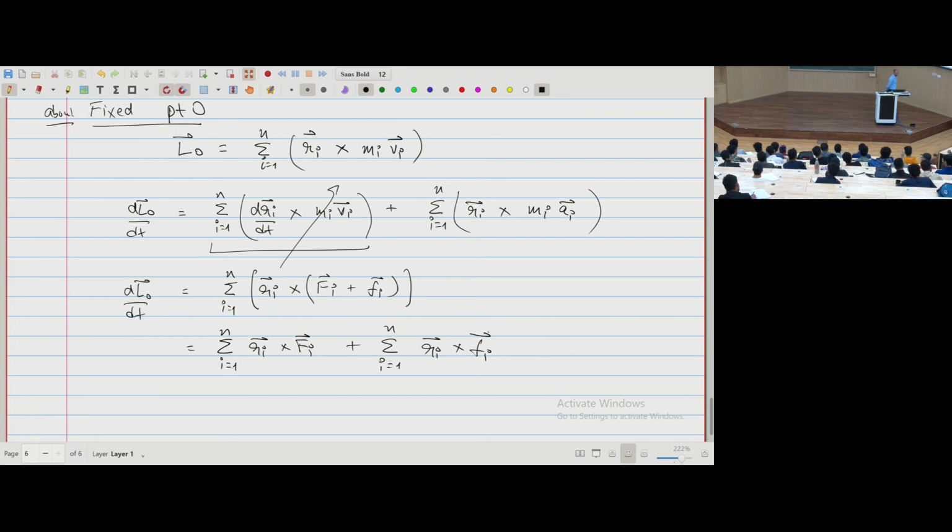This is equal to the sum of the moments of the external forces, and the moments of the internal forces. But we don't like internal forces contributing towards moments. Can we see how the second term is 0?